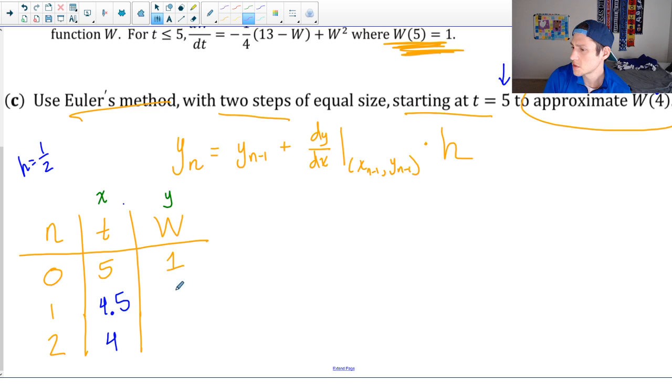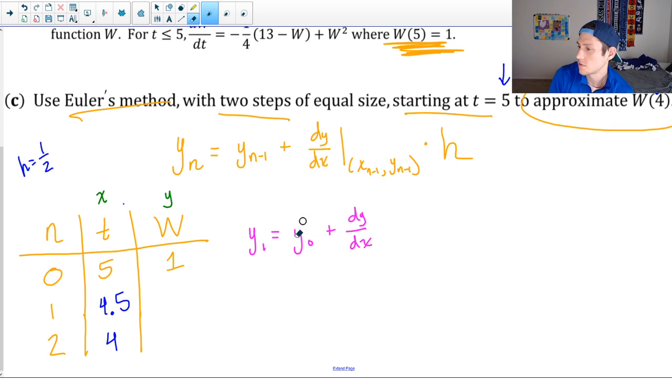Okay, so let's first figure out our first y value, or value of the function w. So that would equal y0 plus dy. Actually, I'm just going to use the actual values, so I'm not going to waste time plugging in just the 1 and the 0.